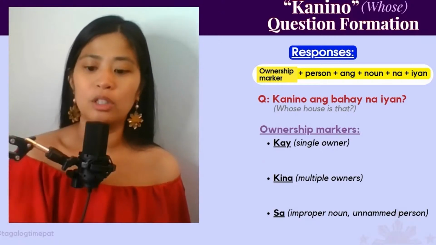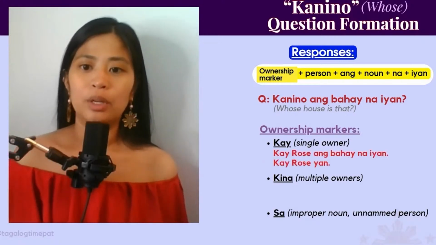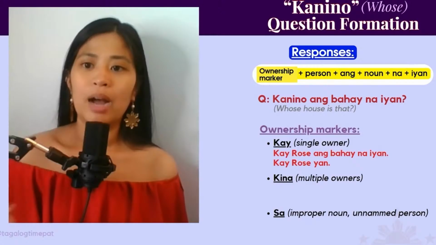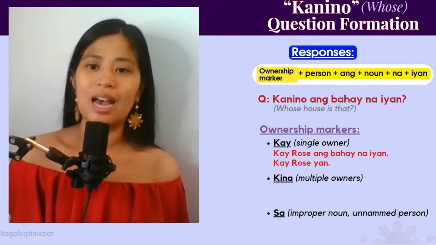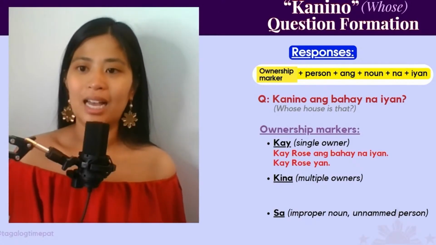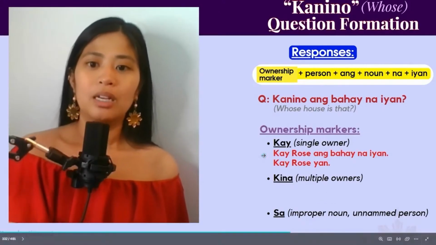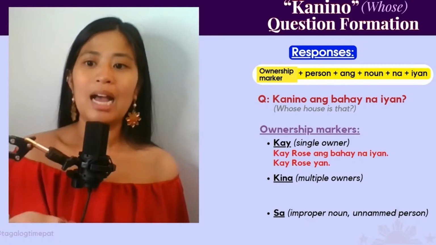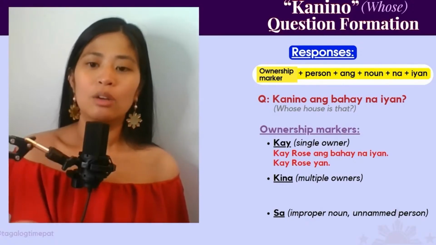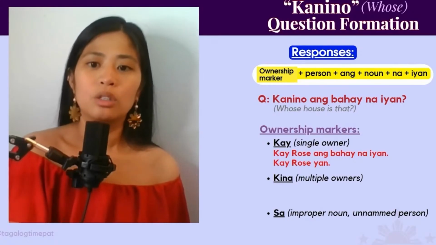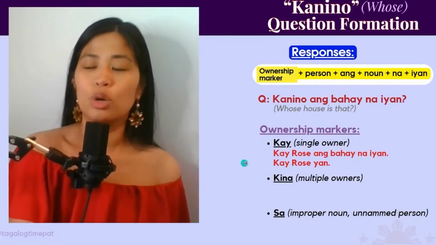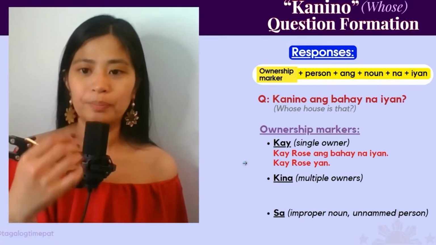So we'll see what that would look like. An example here, kanino ang bahay na iyan? Whose house is that? Or kaninong bahay yan? If it's just one person, it would be kay Rose ang bahay na iyan. Kay Rose yan. We are using kay because it's just one person, Rose.